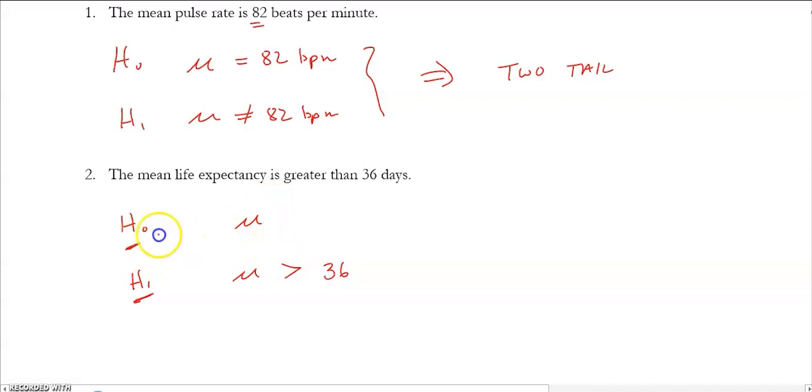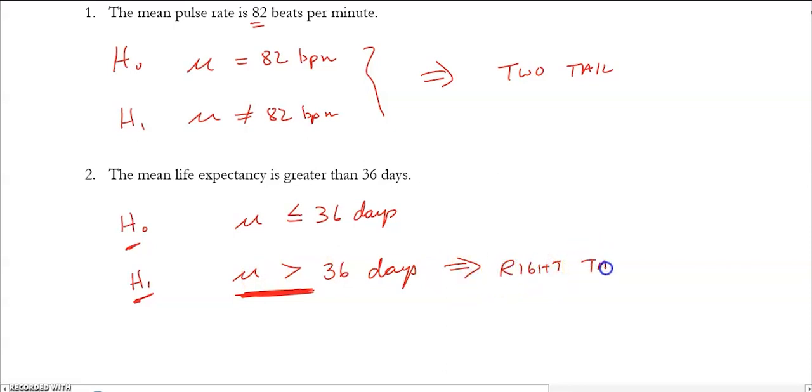And with the null hypothesis, we include the equality sign, so that would be the opposite and equal. This actually determines which direction the tail is in. Greater than implies a right tail. If we were to draw the curve, it would be a right tail.